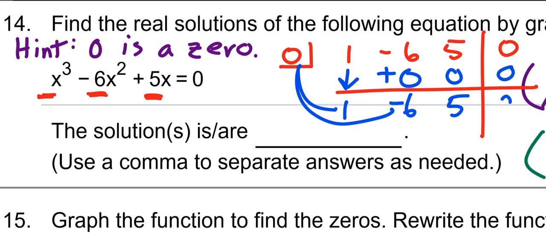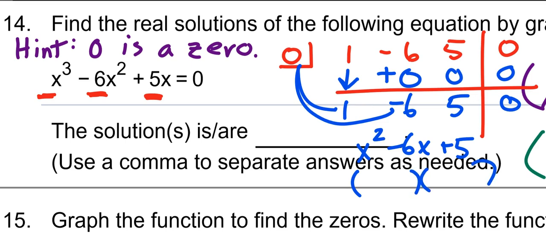Add down the column. Remainder 0. Ding, ding, ding. We win. What did we find? 5 plus -6x. And what's the first one? 1x squared. We need to be able to factor this. What does it factor into?